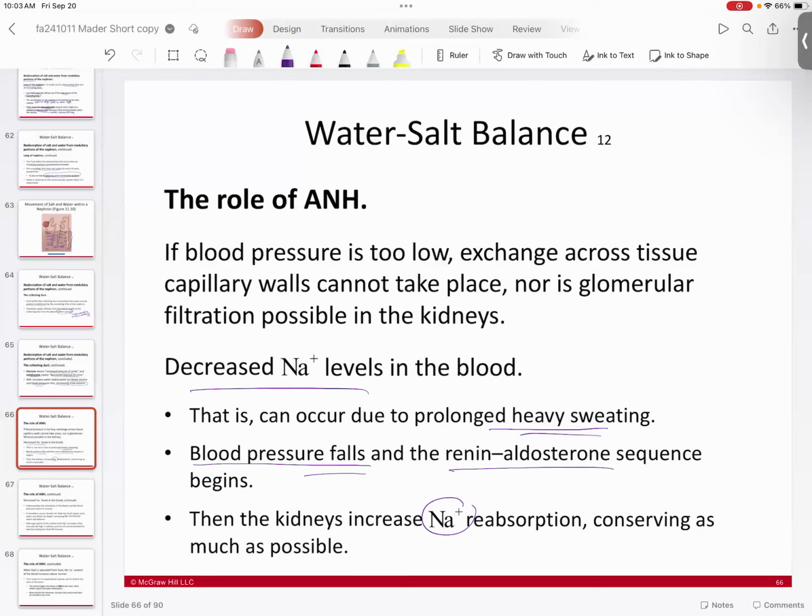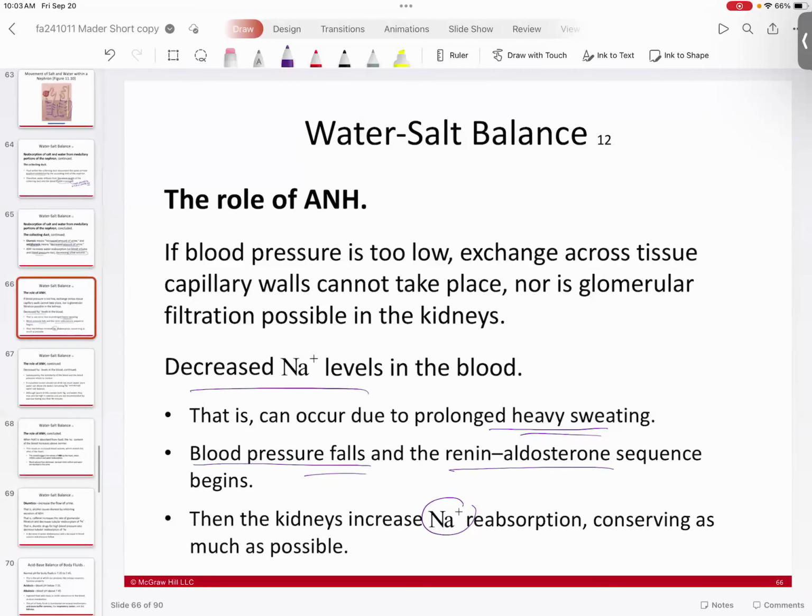So all these different things can happen when your sodium levels begin to fall. And of course, ANH is antagonistic to that, so basically that's getting rid of more sodium. So generally speaking, if your sodium levels are crashing, then you're not likely going to have an active ANH response.